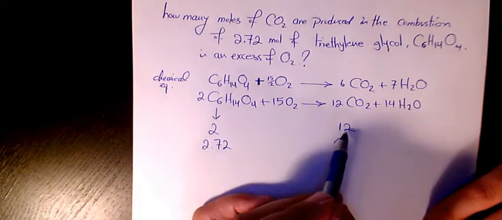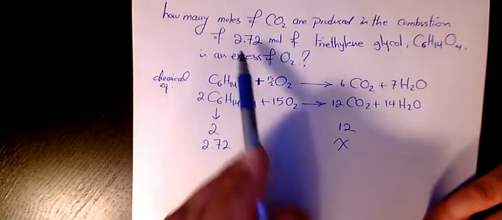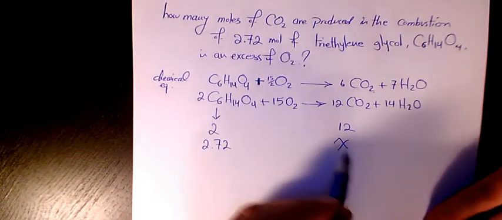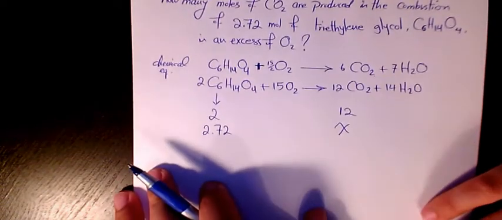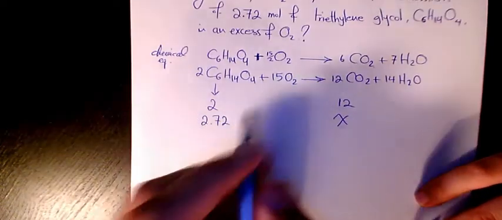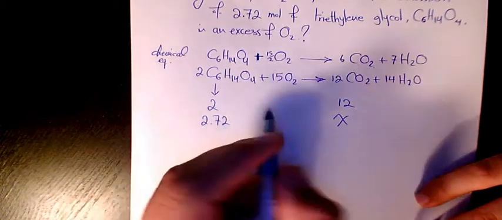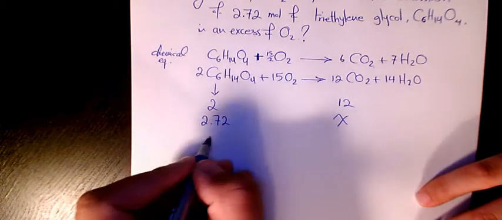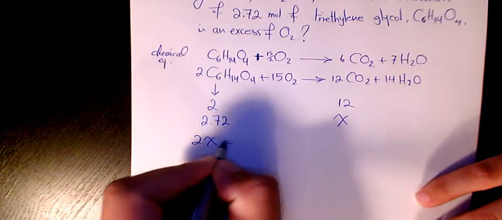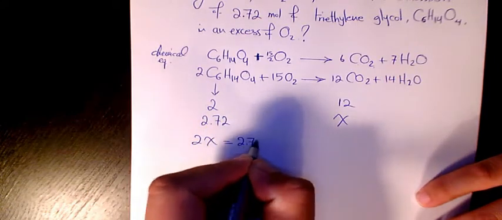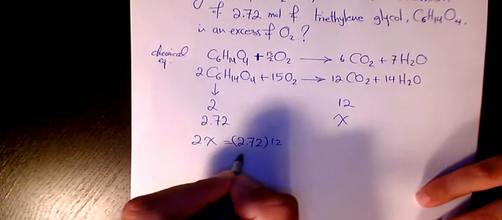So if 2 gives 12, if we have 2.72 in this example, how much X will we have? How many moles of CO2 will we produce? In this case, we can use cross multiplication. So 2 times X will be equal to 2.72 times 12.